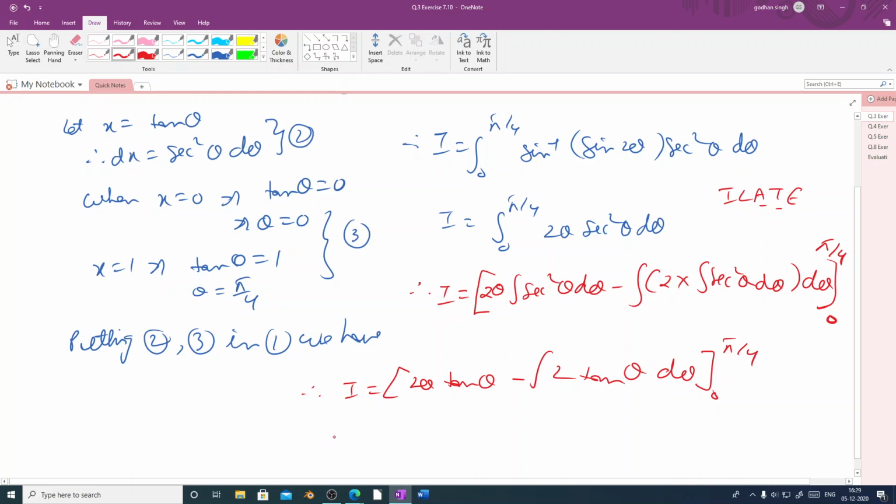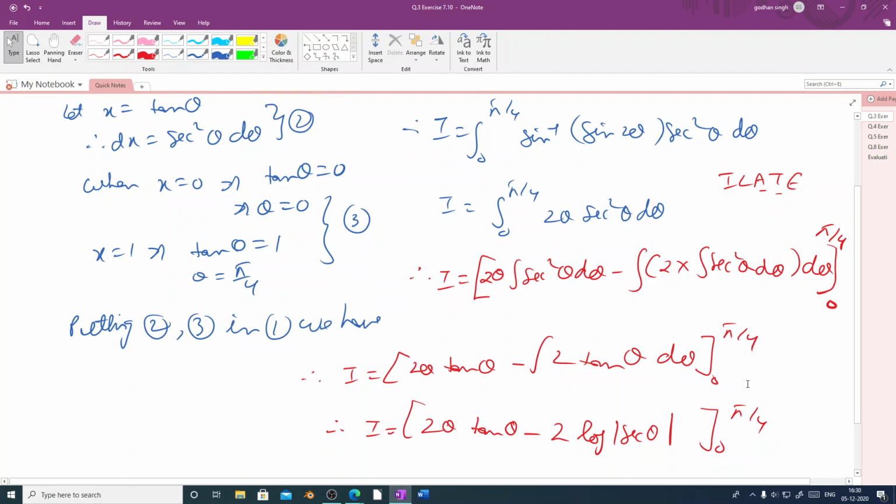Next, therefore, I equal to 2 theta tan theta minus 2 integration of tan theta, we know that is log sec theta, log mod of sec theta, and limits are from 0 to pi by 4.